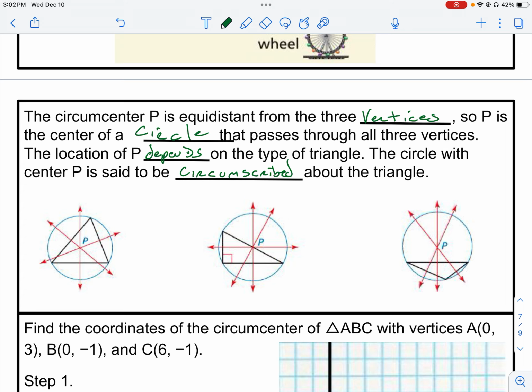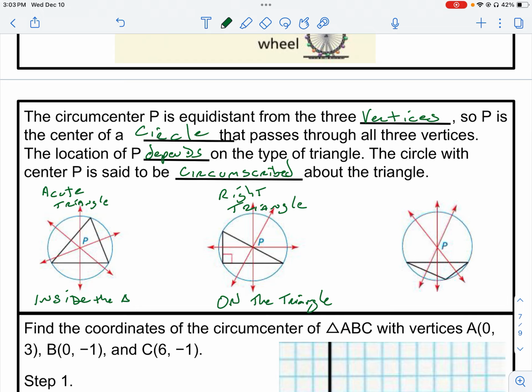So over here we have an acute triangle, and our circumcenter is inside the triangle. Next we have a right triangle, and our circumcenter is on the triangle.